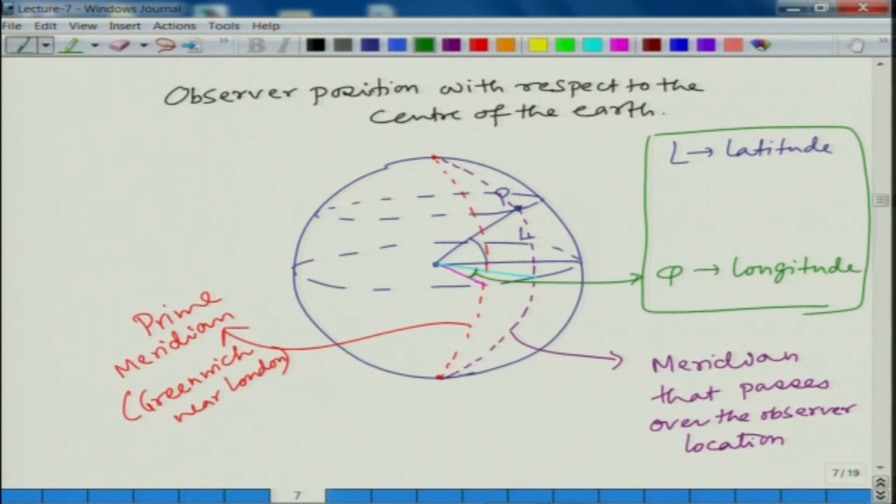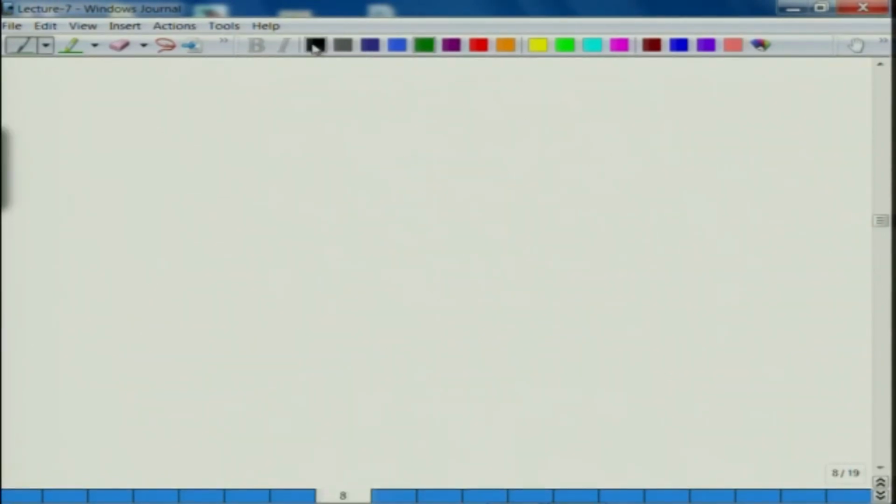So, these are the other two angles that we have seen earlier. And then another set that we have learned is the solar rays with respect to the center of the earth.